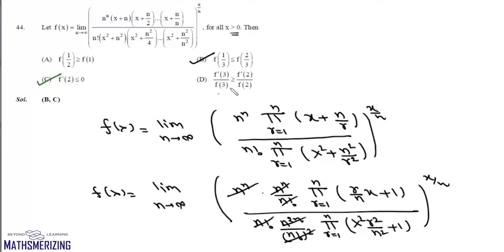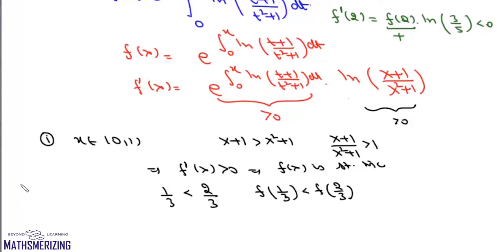And for this option D, we know that f dash x upon f x is log of (x plus 1 upon x square plus 1).